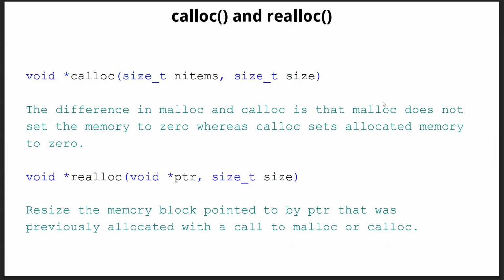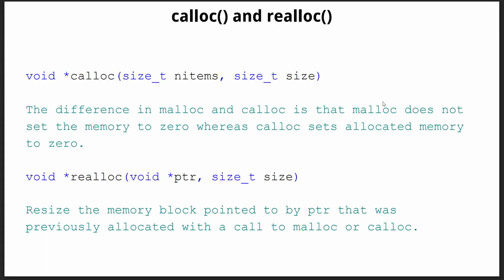Besides the malloc and the free interface, there are two more interfaces. The first one is calloc. The interface of calloc could be the same as malloc, but I guess they intentionally made it a little bit different. It takes two parameters. The first one is the number of items. The second one is the size of each item. You multiply them together, you get how many bytes you want.